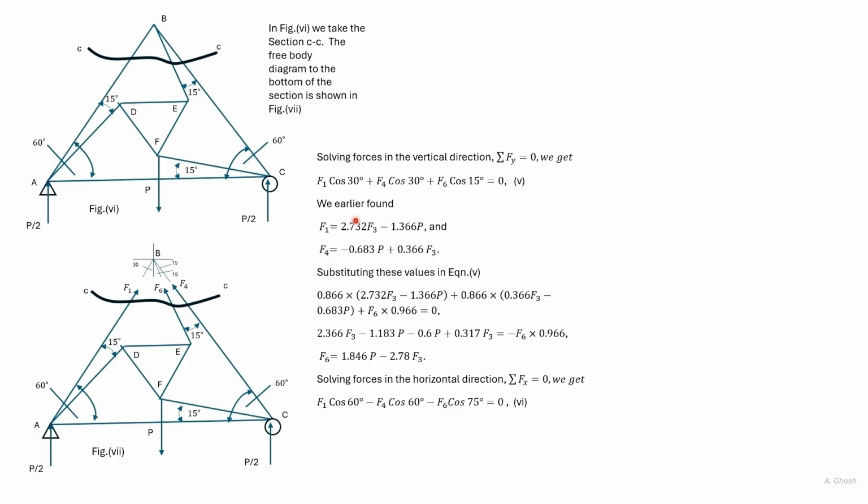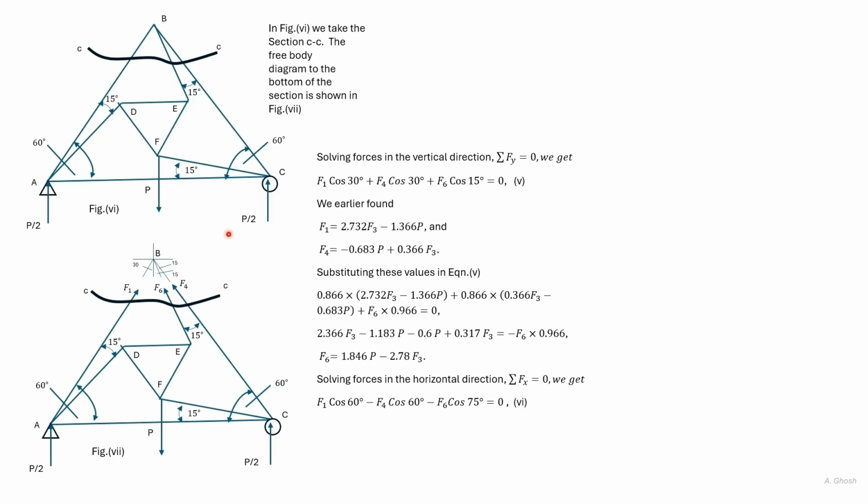Now we know F1 in terms of F3 and P, and we know F4 in terms of F3 and P. Now substituting the cos values and F1 and F4 in this equation, we find out F6 in terms of P and F3.